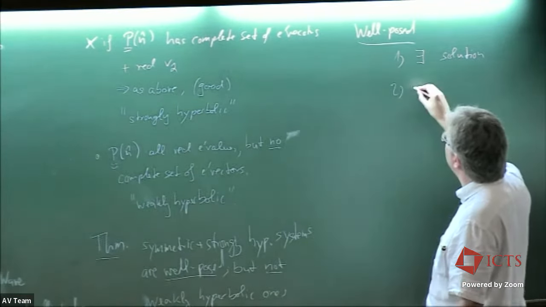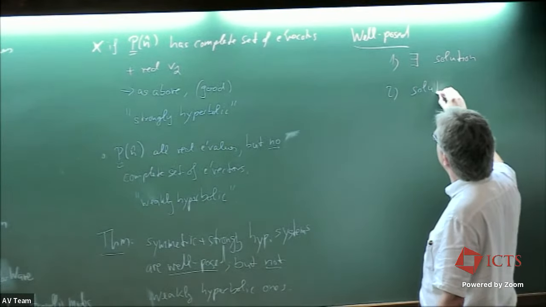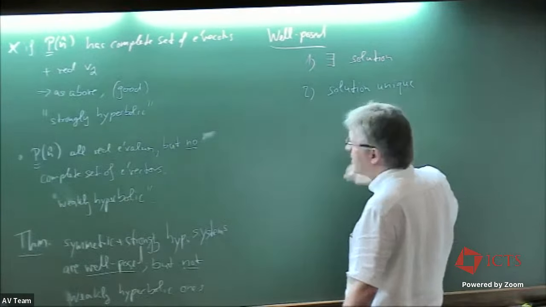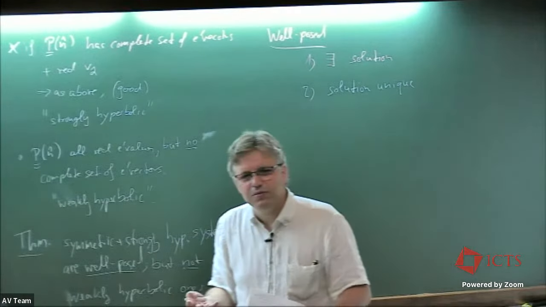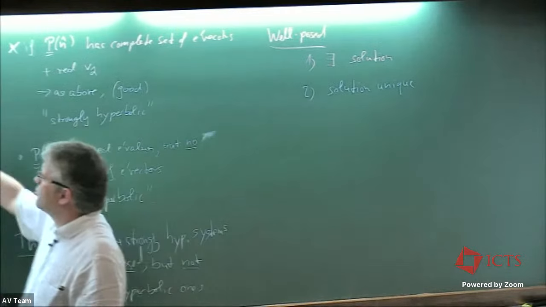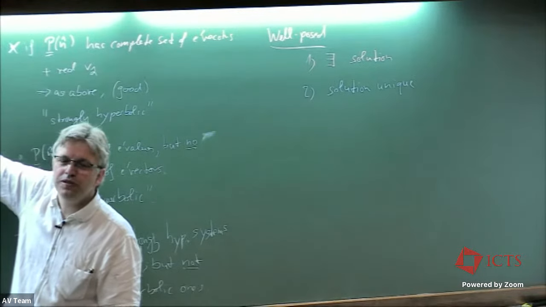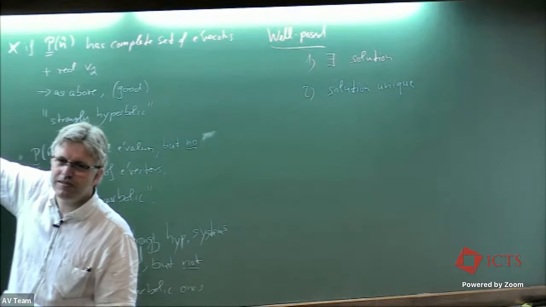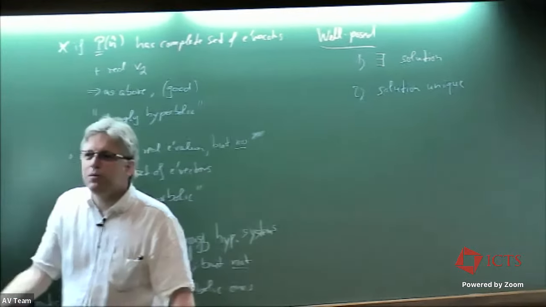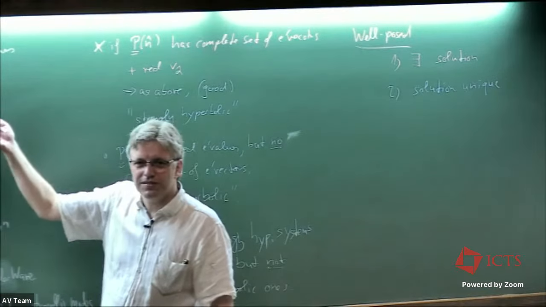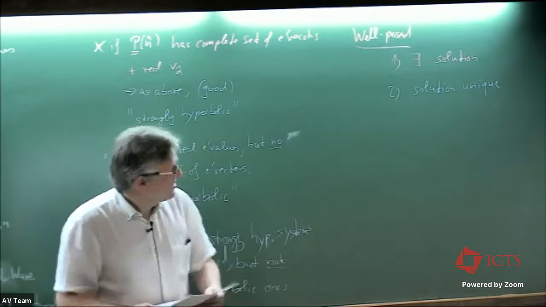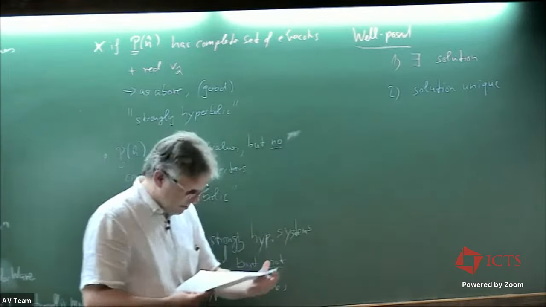Number two, the solution is unique. If you had a situation where one set of equations actually gave you two solutions that are both satisfying the equations, well then, A, we wouldn't really know what to do with it, even on the analytical level, but even less the computer. So these two things are totally obvious, I hope.